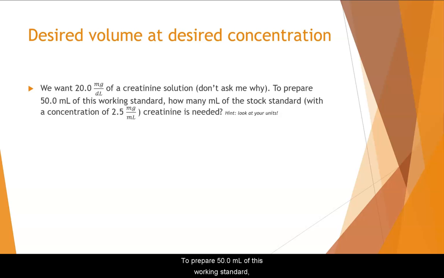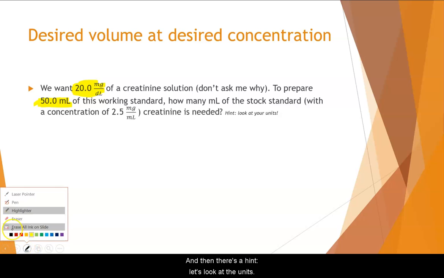To prepare 50.0 milliliters of this working standard. So there's our volume that we want. This is the concentration that we want. How many milliliters of the stock standard with a concentration of 2.5 milligrams per milliliter of creatinine is needed?